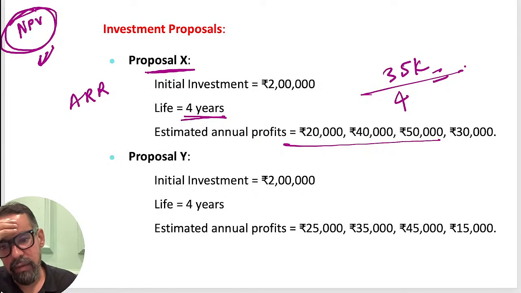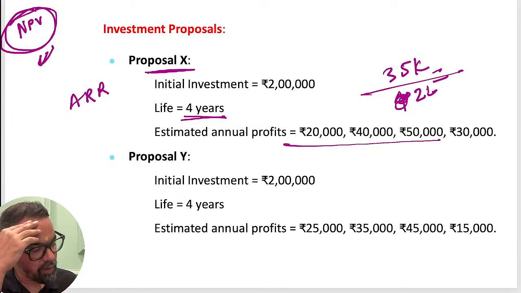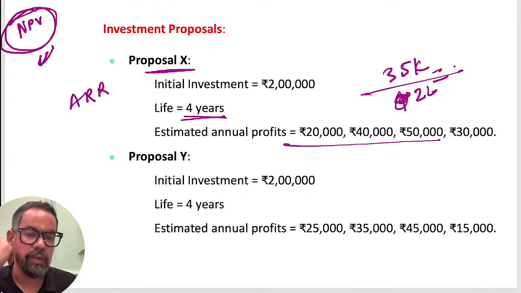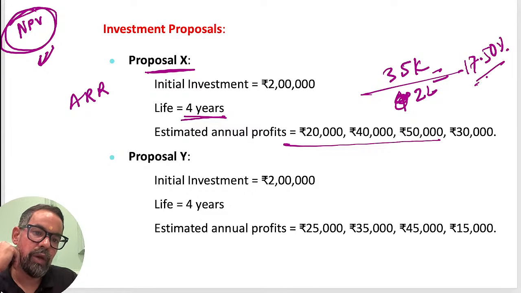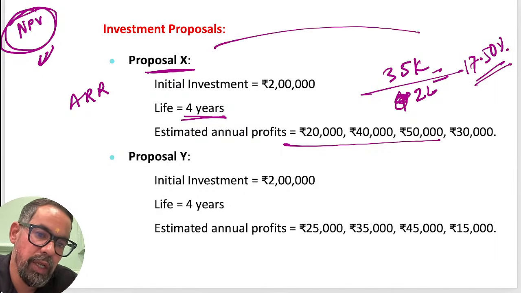What we are calculating overall, 35,000 not divided by 4, it is divided by 2 lakh, sorry, 35,000 into 100, so it comes up to 17.50%. So ARR of proposal A is 17.50.